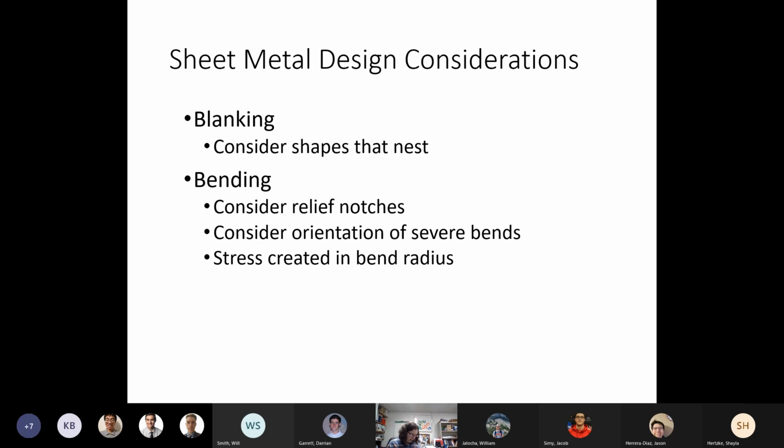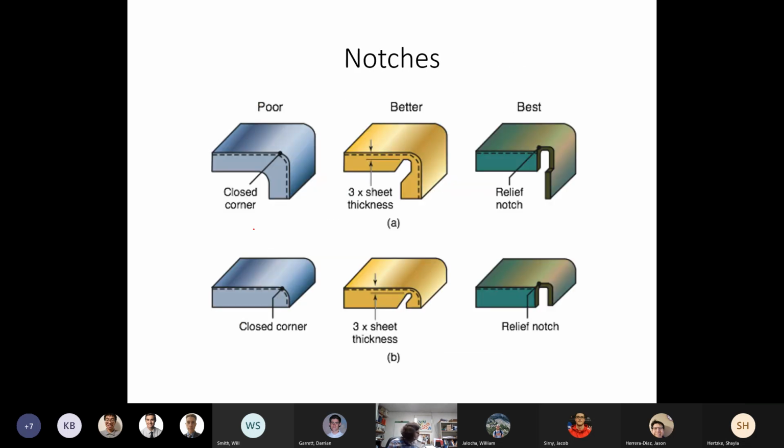And then on bending, we just want to look at three concepts: relief notches, orientation, and stress in the bend radius. If you think about what happens in bending, you actually have some elongation.